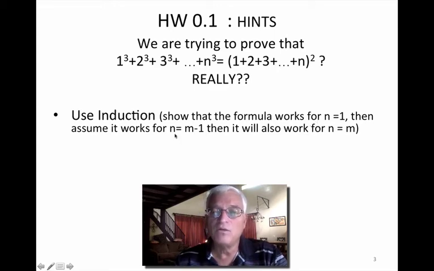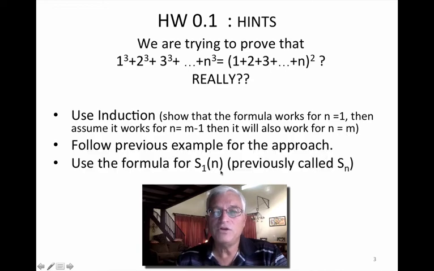But then you say, well, what if n was equal to some integer m minus 1? n can be anything, so it can be equal to m minus 1. And I will assume that my relationship works for m minus 1. Now, will that necessarily imply that it also will work when n equals m? So that's going to be your job.